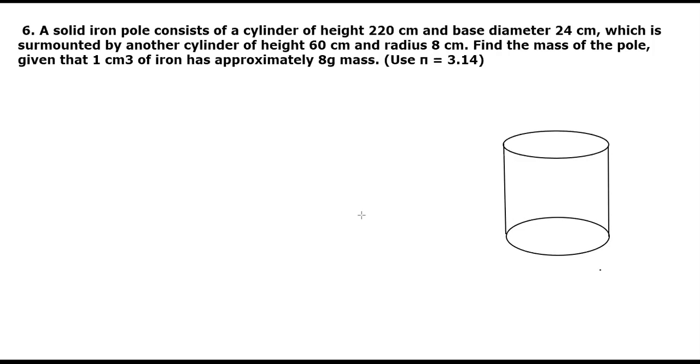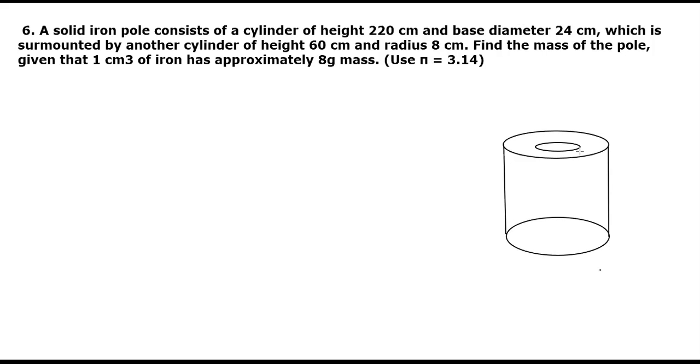So a cylinder of given height and base is surmounted by another cylinder. The height is different and the radius is different. The cylinder surmounted on this cylinder has radius 8 centimeters, although the radius of the bottom one is 12 centimeters. So a small cylinder is placed on it.